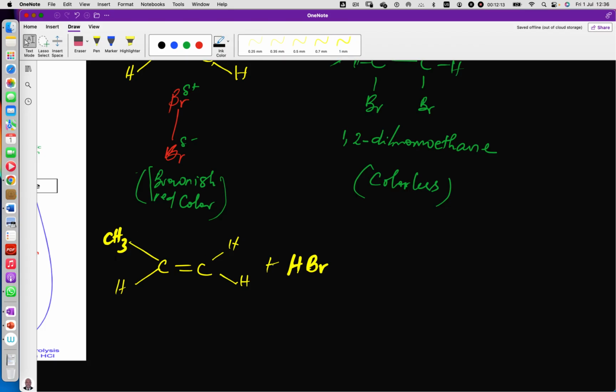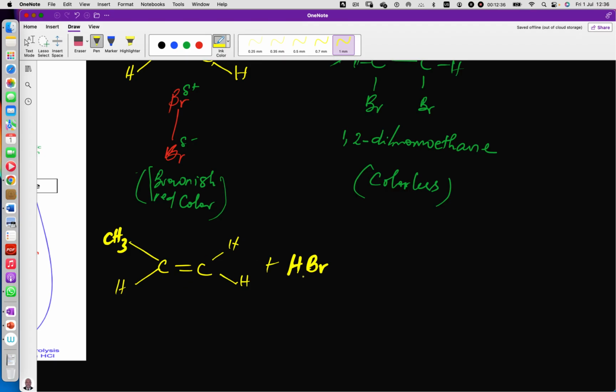According to Markovnikov's rule, if HBr, hydrogen bromide, is added to an unsymmetrical alkene, I call it unsymmetrical because the hydrogens on each carbon are not the same. We have only one hydrogen here, three here, two here.